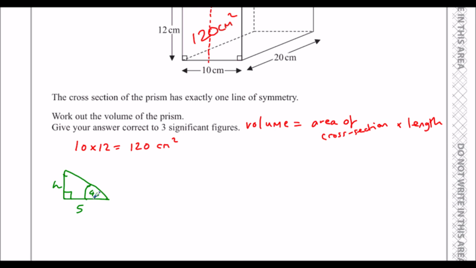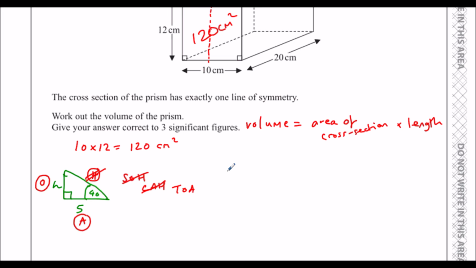So 40 degrees is our angle. Opposite it is this h that we're working out. The hypotenuse is the longest side, and in between the angle and the right angle is called the adjacent. We want to work out the height of the triangle. We know 5. H isn't in the question, so it's not SO, it's not KA, it's TOA, the one with O and A in it.